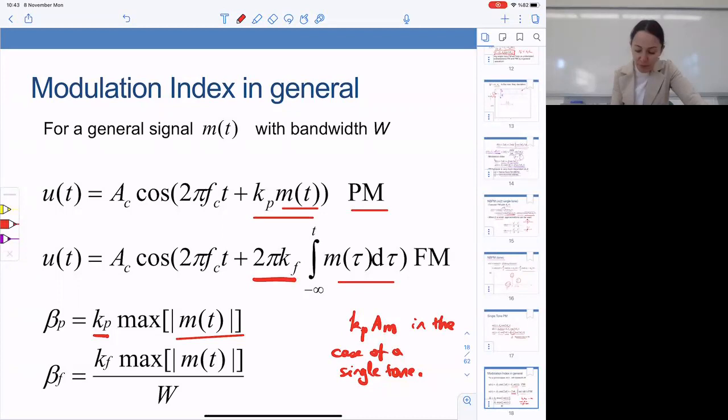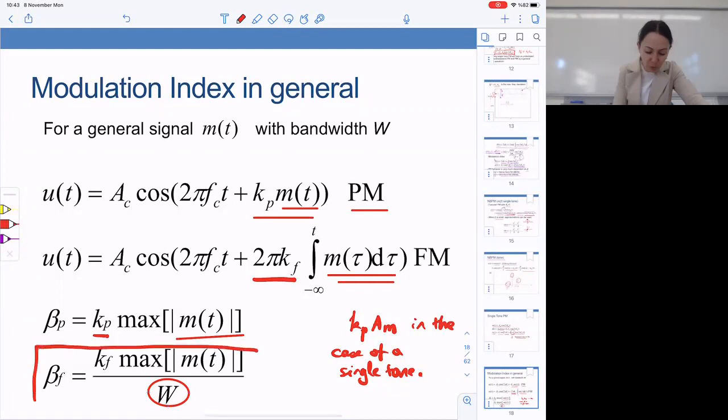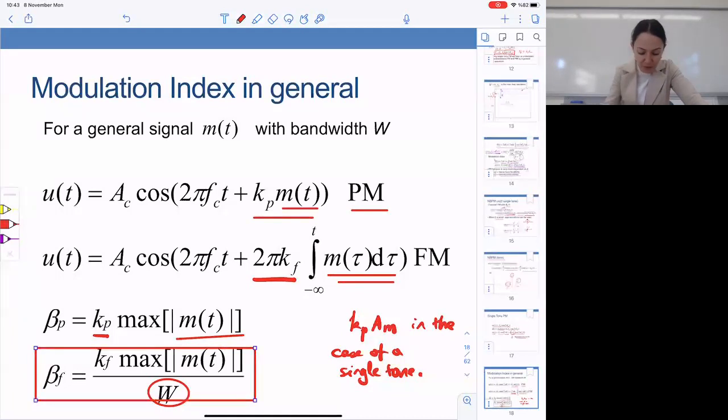But in general, when the message does not have to be sinusoidal, we will have, instead of f_m, the bandwidth of the message signal appearing here. And for now, we define beta_f as k_f times the maximum amplitude of the message signal divided by W.